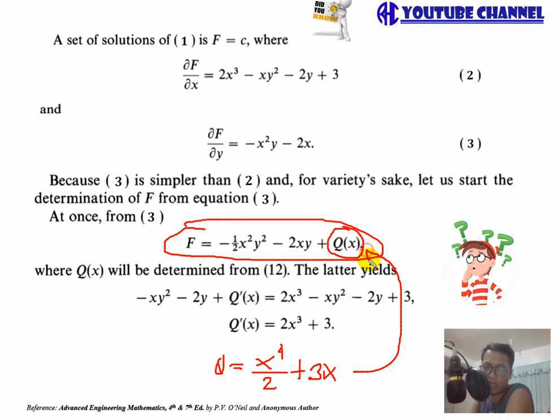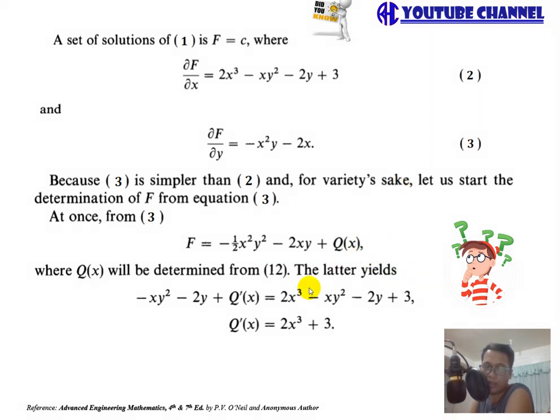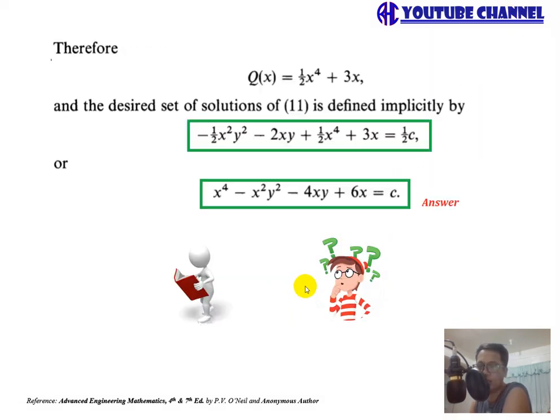So i-substitute lang natin dito. Then ang mangyayari niyan, negative 1/2 times x squared times y squared minus 2xy plus 1/2 x to the 4th plus 3x.